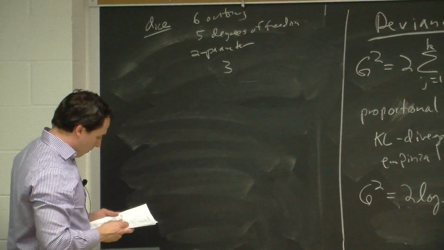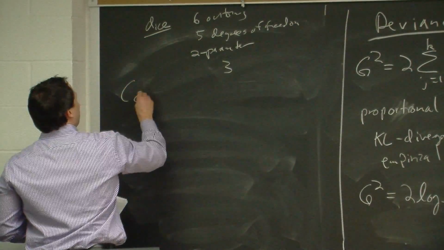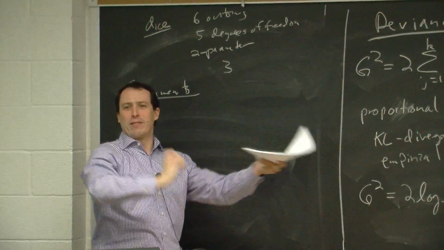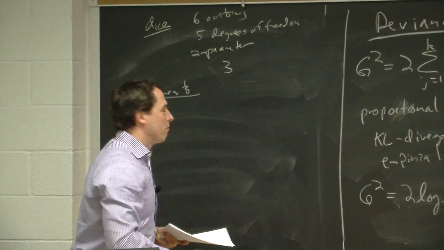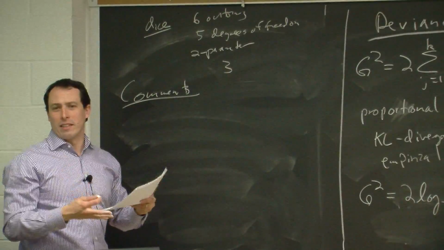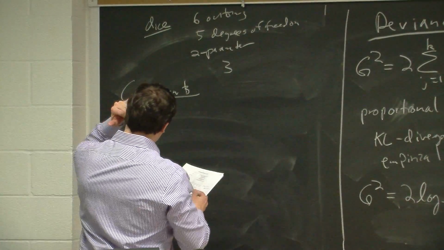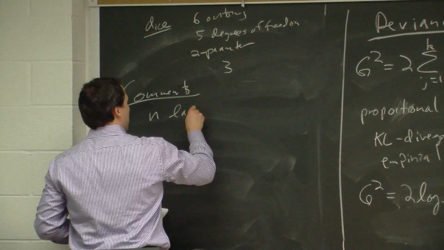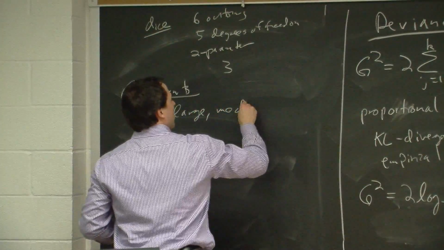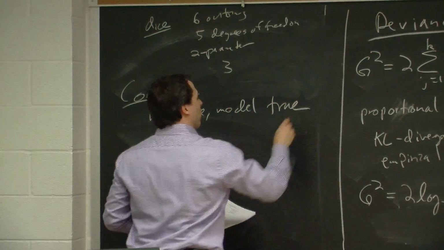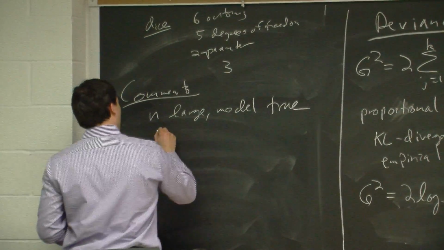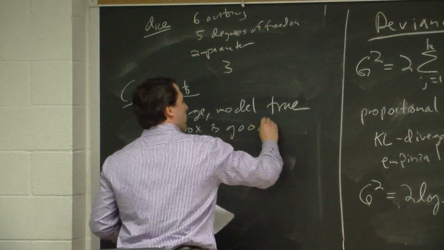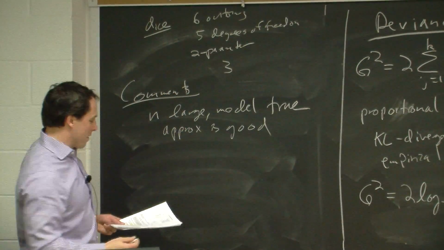Yeah. Okay, so some comments. So this counts the directions, how many directions there are that you can go wrong. Right? So the dimension of the space of errors. Okay. Of course, when n is large and the model is true, that's when the theory works. The approximation is good. So it's not a normal approximation here, it's a chi-squared approximation.